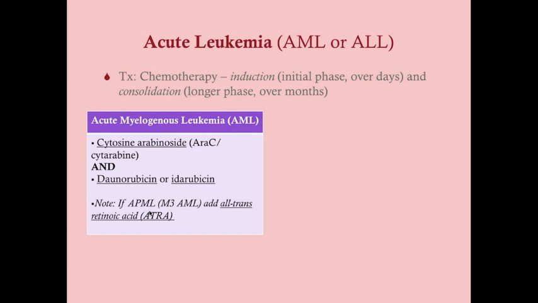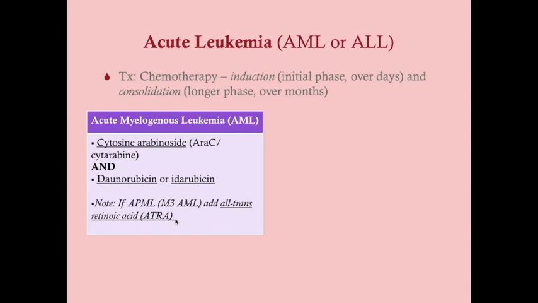The cells can't mature, and so they wind up proliferating. And with APML, what we have is a block that can actually be ameliorated by giving the patient all-trans retinoic acid. And so ATRA is a necessary component of the therapy for a patient with M3 AML. And that's why it's important to know if the patient has M3 AML.